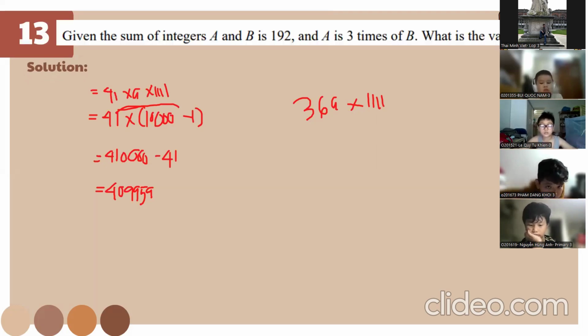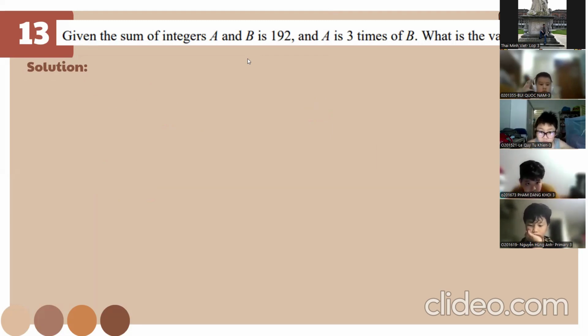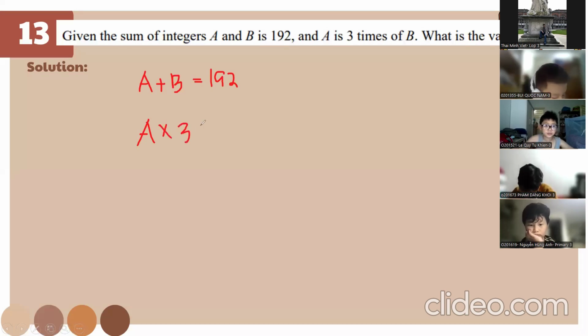So the sum of integers a and b is 192. So we can just put this as a plus b is equal to 192, and a is equal to 3 times b.